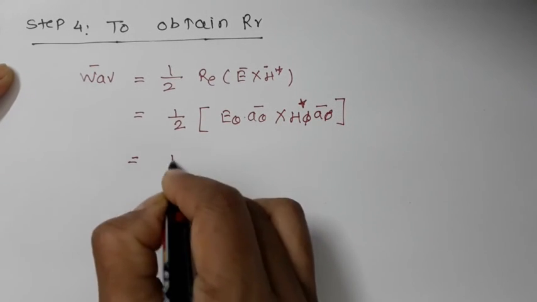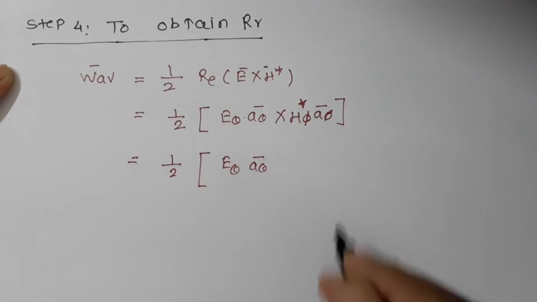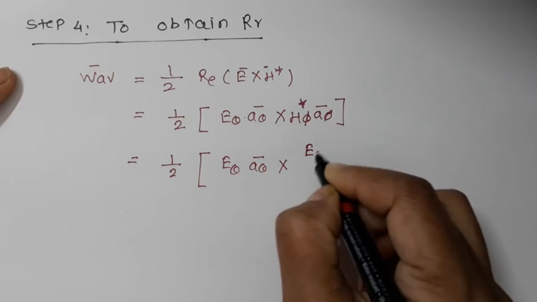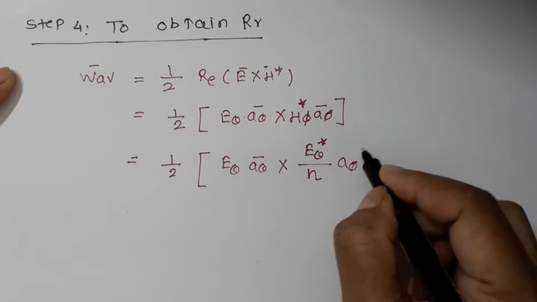So 1/2 E theta a theta, cross, I'll replace H phi by E theta complex divided by eta a phi.